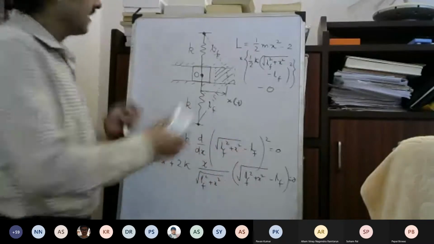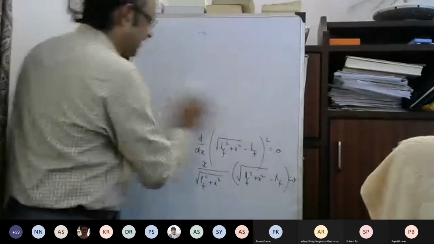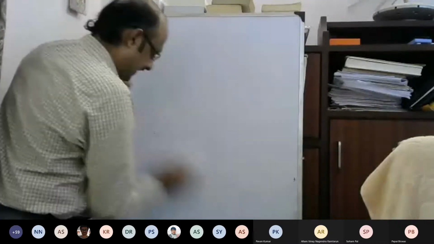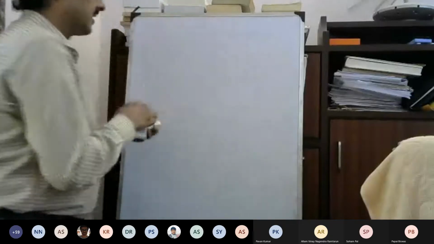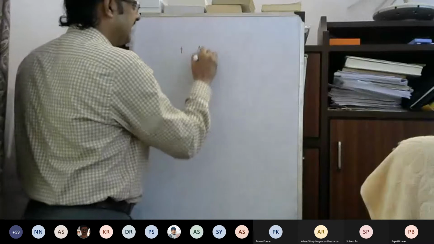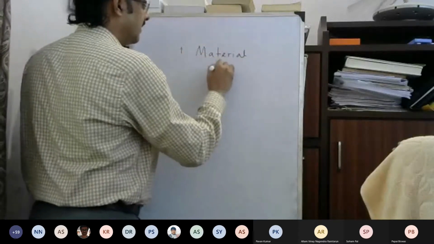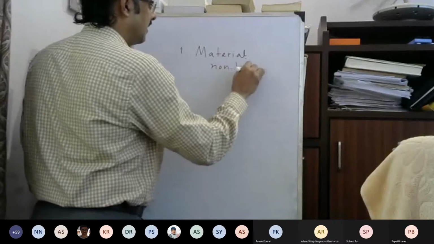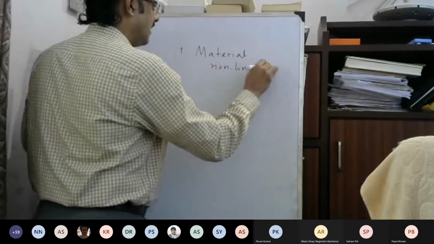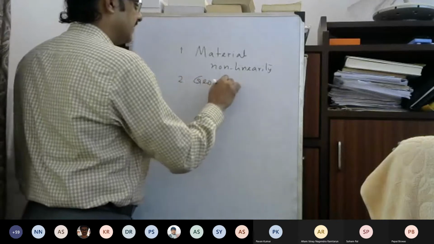So there are two kinds of nonlinearity which you come across in later courses, if you take nonlinear vibration also. One kind is known as material nonlinearity, and another type is geometric nonlinearity.